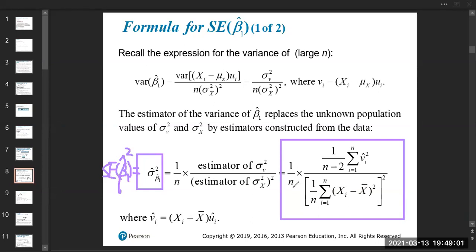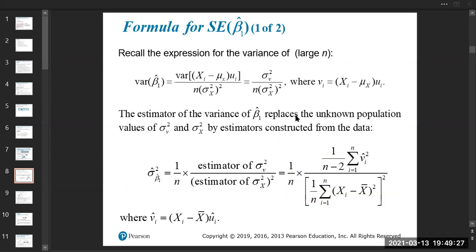You can see that there are so many n's here, which makes you confused. But basically, you can have an idea that this thing has something to do with the variation of x and also the value of n. I should skip this part so that you don't get confused.